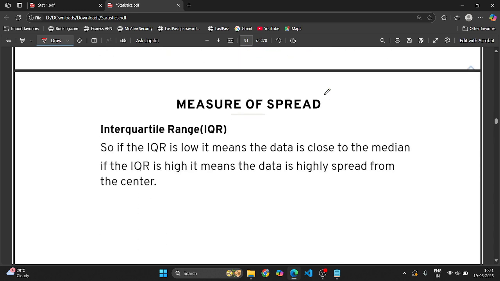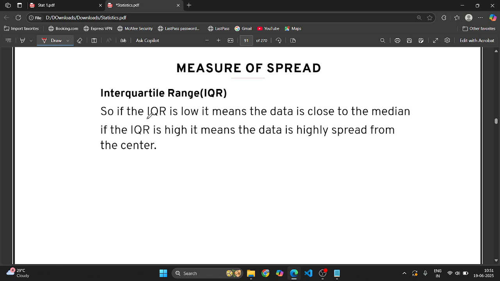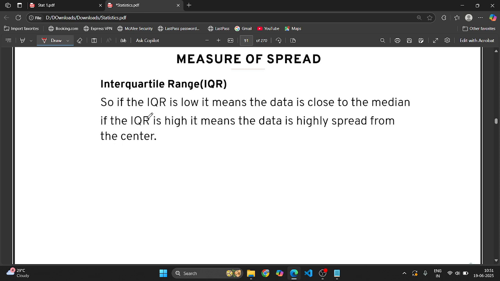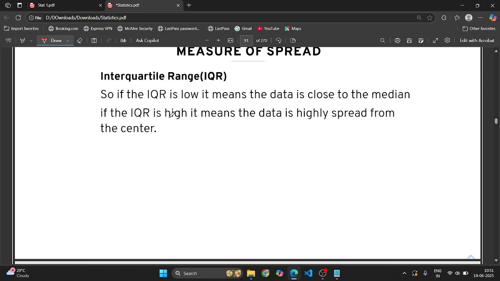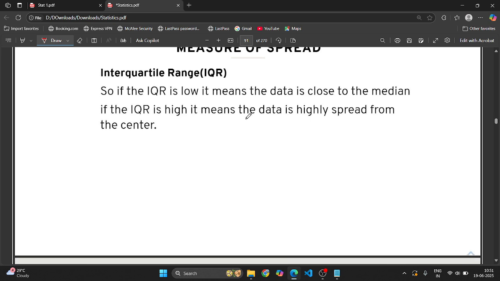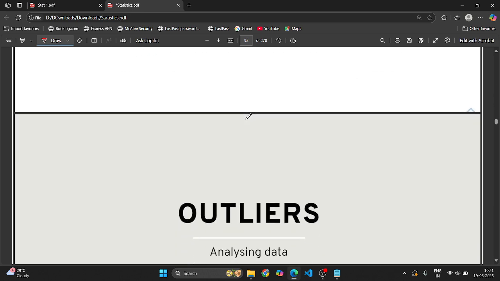So if the IQR is low, it means that the data is close to the median. And if the IQR is high, it means the data is highly spread from the center.